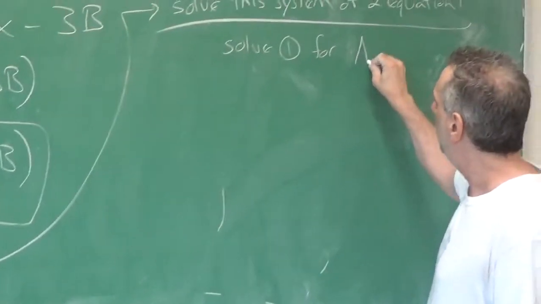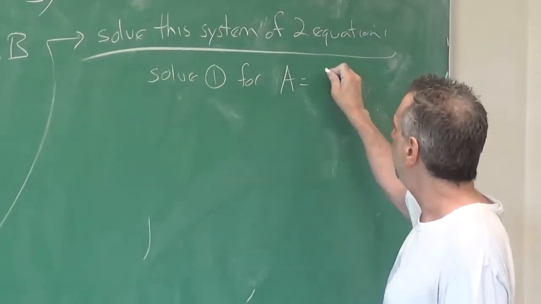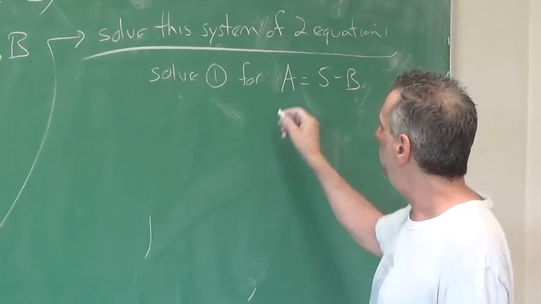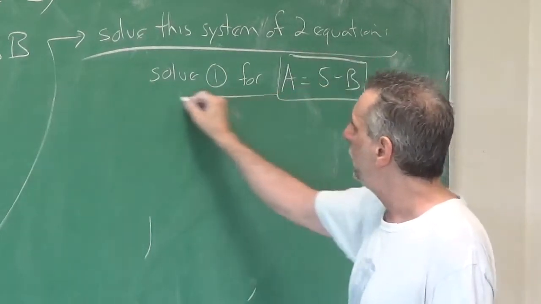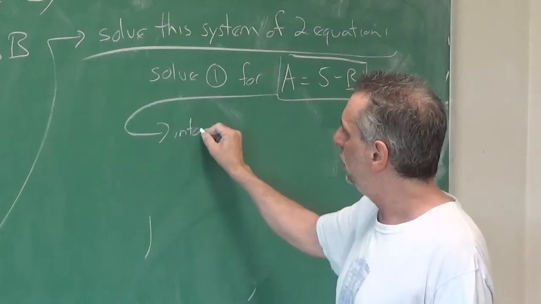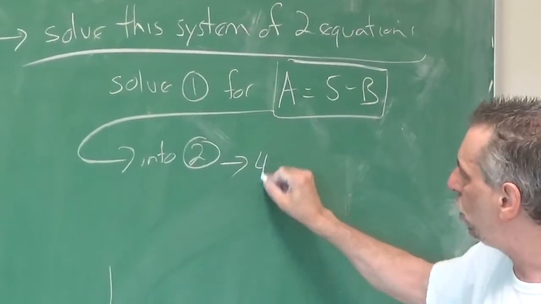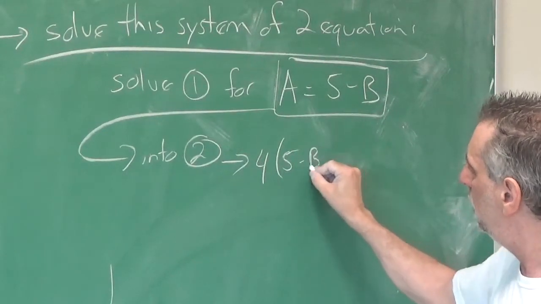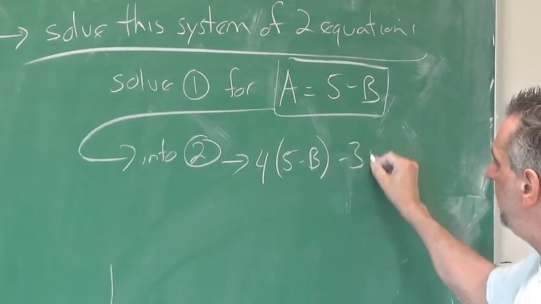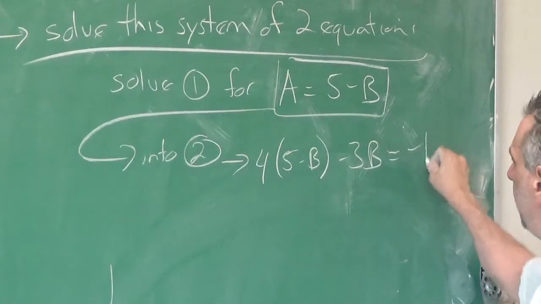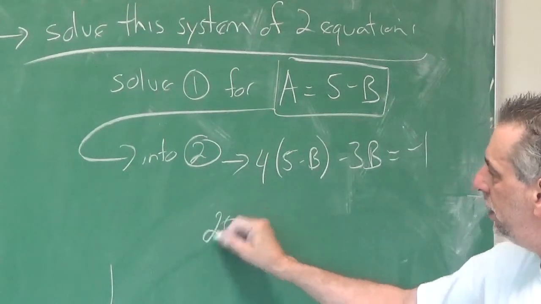Let's say A. So that's going to be 5 minus B. And then I'm going to plug this into equation 2 for A. And I'm going to get 4 times (5 minus B) minus 3 times B equals -1. I'm going to solve that equation.